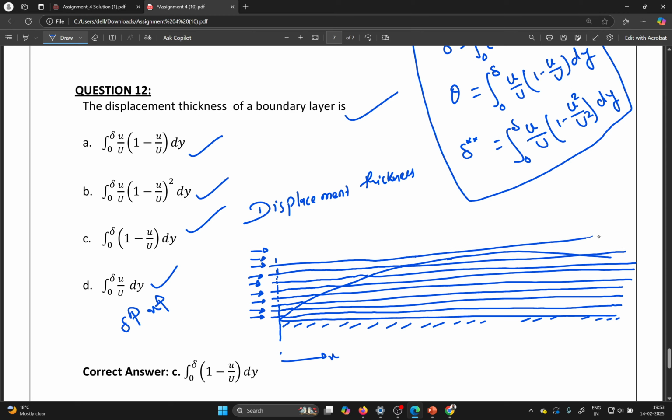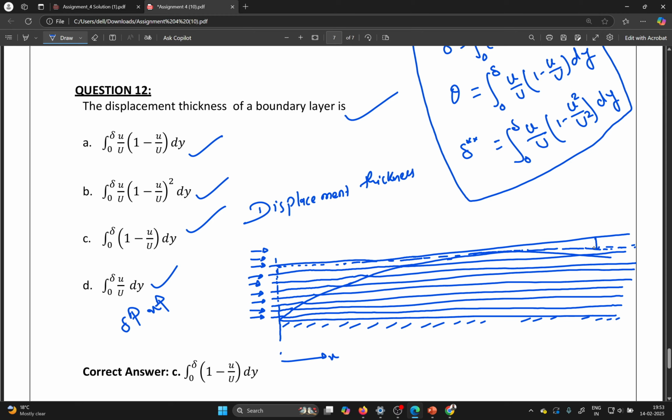Like that. So this is the streamline just above your boundary layer. Let us suppose I draw a horizontal line here. This is the horizontal line, and this is the streamline moving outward.